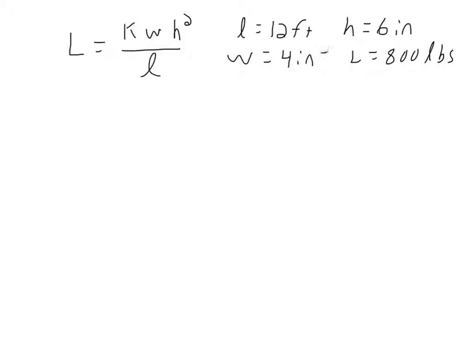So this would be what? 4 inches would be a third of a foot, so that's the width, and 6 inches would be half a foot. So I'll substitute those numbers in here.